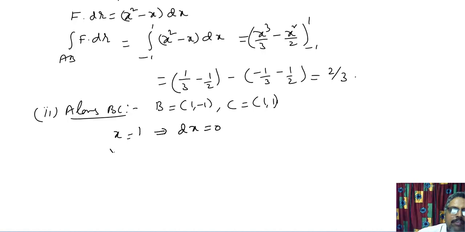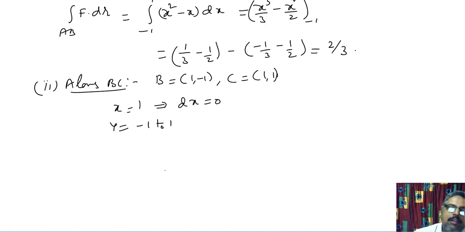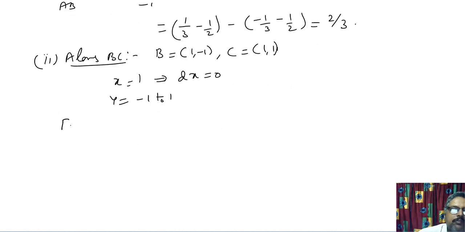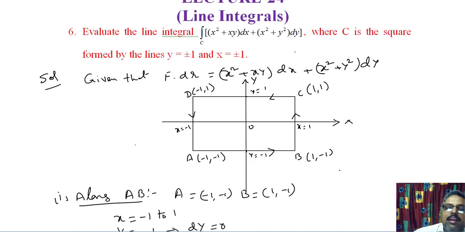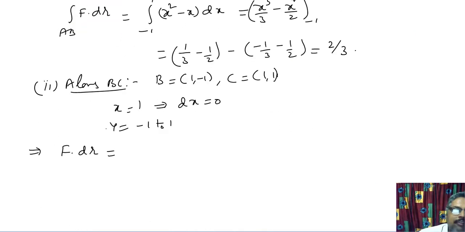Now y varies from -1 to 1. Then what about F·dr? Here dx is 0 and x is 1, so the first term is 0, and F·dr = (1 + y²) dy.